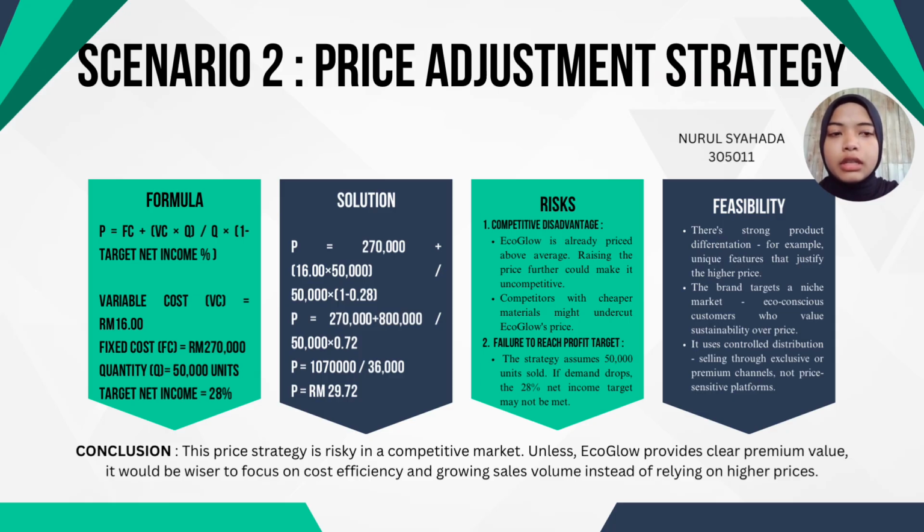Given is variable cost is 60 ringgit, fixed cost is 270,000 ringgit, quantity is 50,000 units, target net income is 28%.